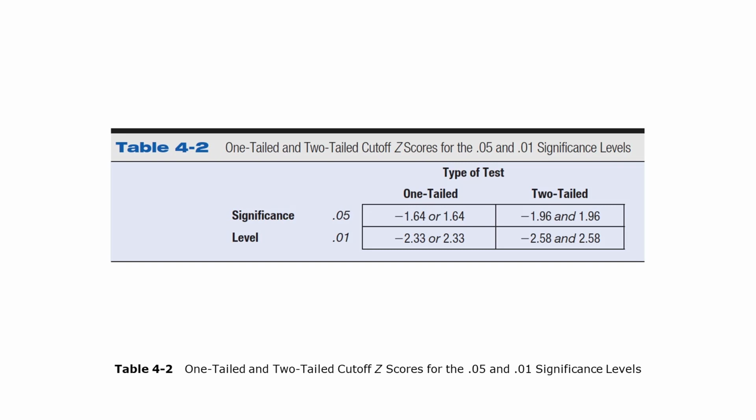Right? Notice that we have to go further along in the z-distribution for the two-tailed hypothesis, because what we're doing is we're looking at the two tails. In the one-tail hypothesis, it's 5% all on one side.